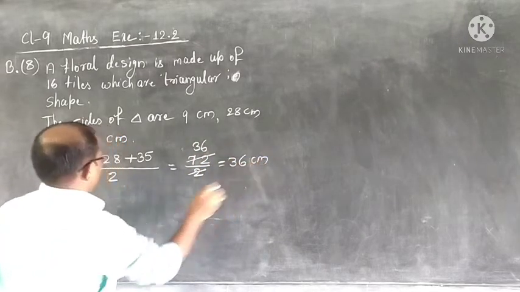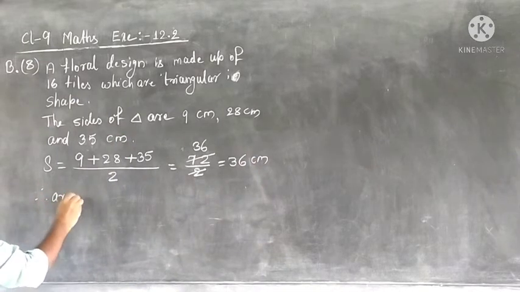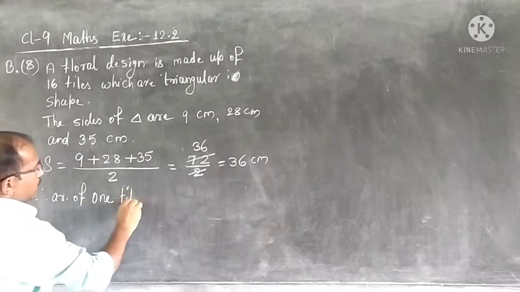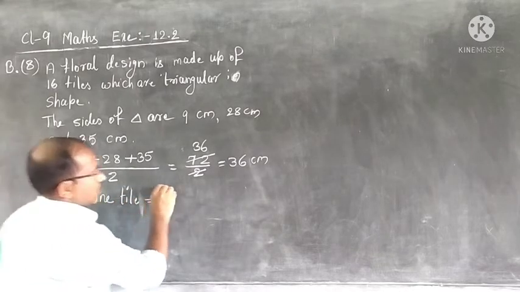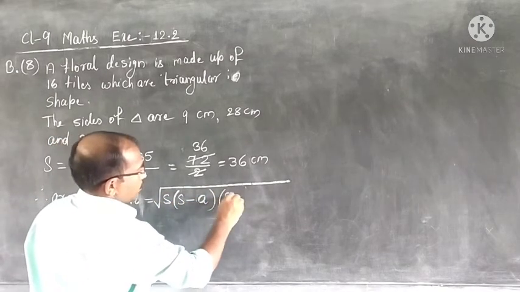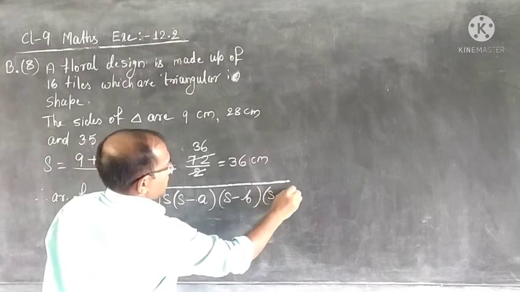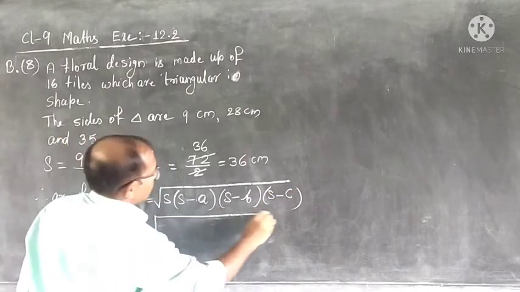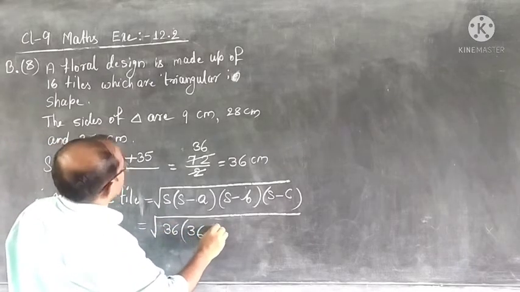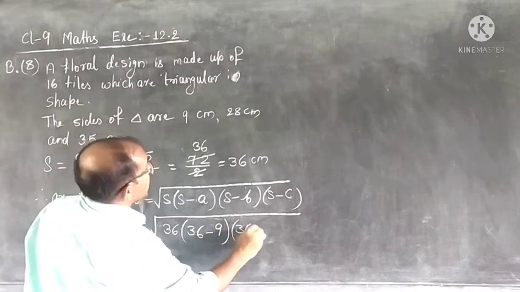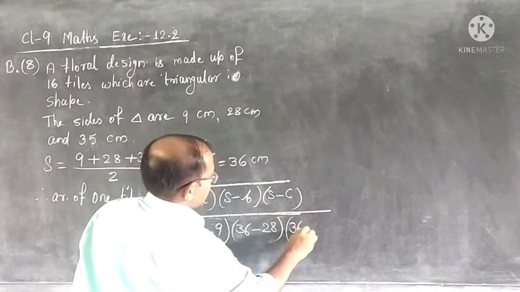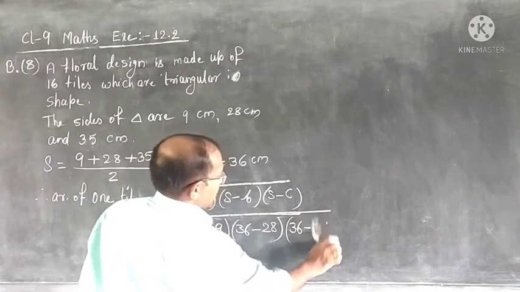Therefore, area of one tile we are calculating, and the rest we will see by multiplying by 16. We use Hero's formula, you know all that, and then we use semi perimeter 36: 36 minus first side 9, 36 minus second side 28 and 36 minus third side 35.